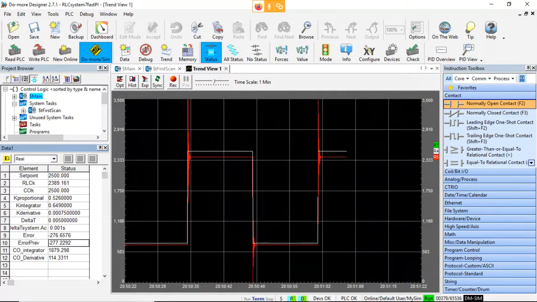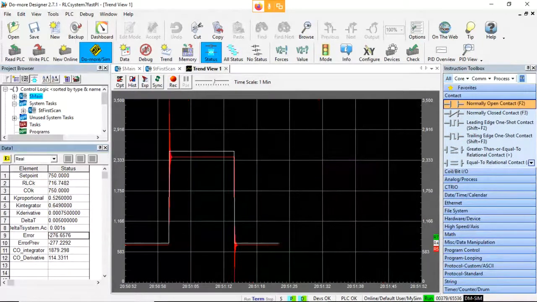So that's why these aren't changing right now, because I'm in open loop. But when I go to closed loop, you'll see that those will change. Okay, and then you see the integrator values. Again, these last 4 values down here are only going to change when delta t is done, when the timer is done, when I'm in control mode. So they're not changing right now because I'm in open loop.